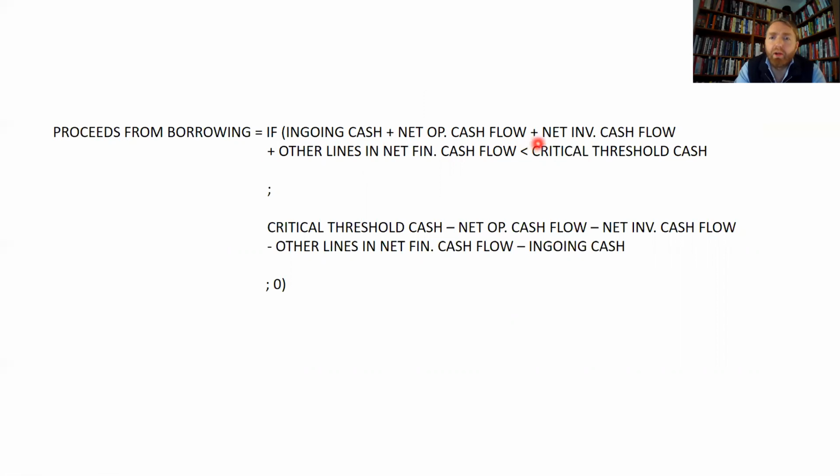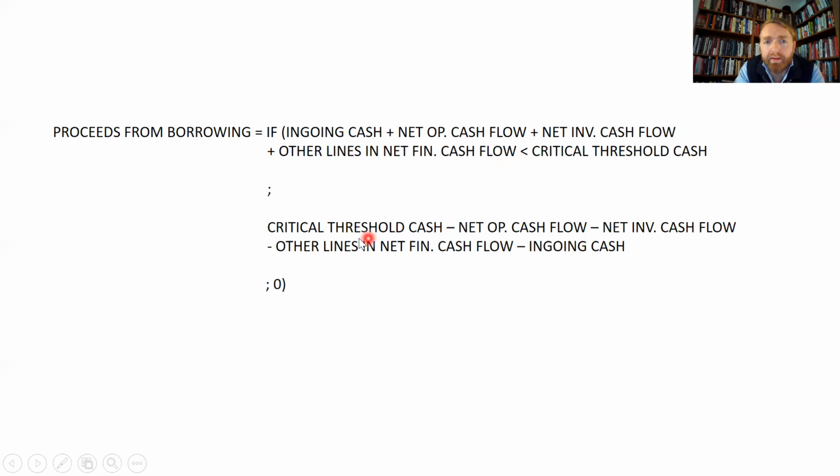So the question is, if it's below the threshold, well then we're going to have to cover that. We're going to instruct the model to borrow, so to speak. There's probably not going to be a direct line to the bank, but it will have to register as if we were borrowing. And so whenever it's below the critical threshold, that's a signal that we're going to need to borrow more. Whereas it's 0 otherwise. So this part of the formula takes care of that.